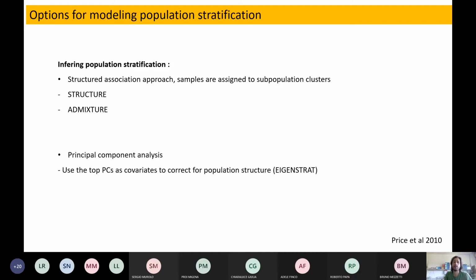There are different ways of calculating population stratification from genetic data. There are different programs like STRUCTURE or ADMIXTURE, or we can also use principal components. So using all the markers and putting them in a multivariate analysis like the PCA, we can use the principal components as covariates for correcting for population structure.